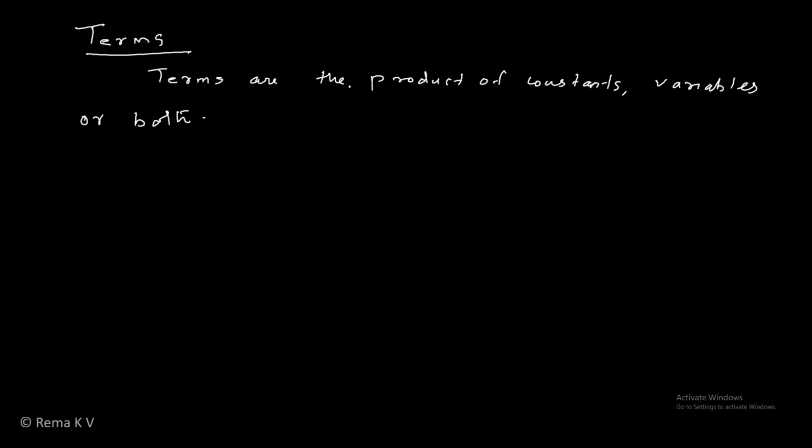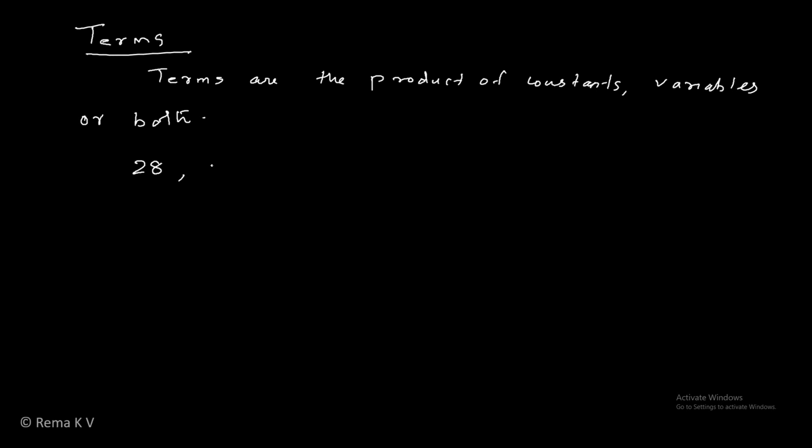Terms are the product of constants, variables, or both these constants and variables. For example, 28, we can consider this as a term, because we can write this as 1 into 28, or 2 into 14, or 7 into 4, etc. So this can be considered as a term, product of constants.